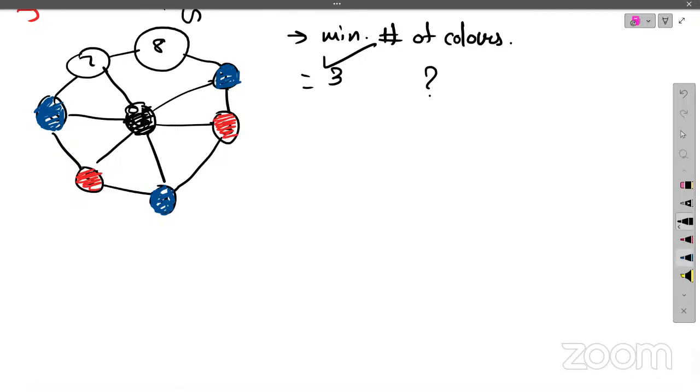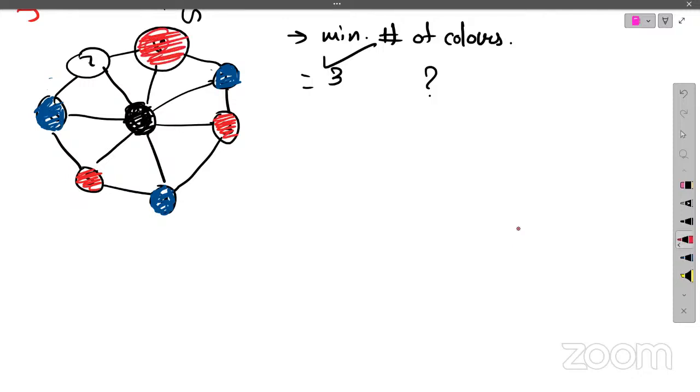Okay, see, this is also 4 only. Because we cannot use black color for 7 and 8 because they are related to vertex number 1. But we cannot use blue color because they are connected by an edge here. So we need red.